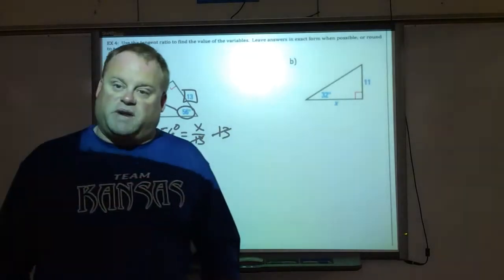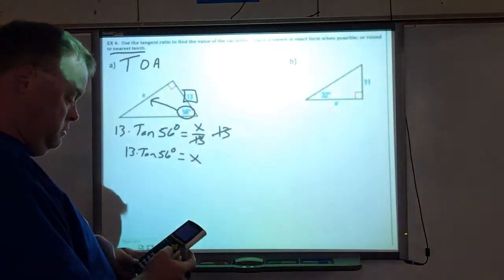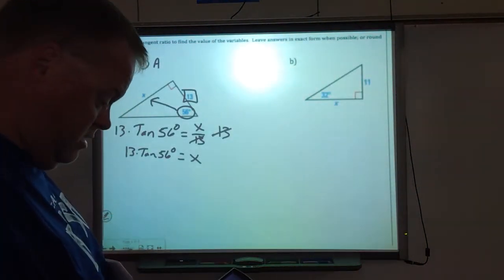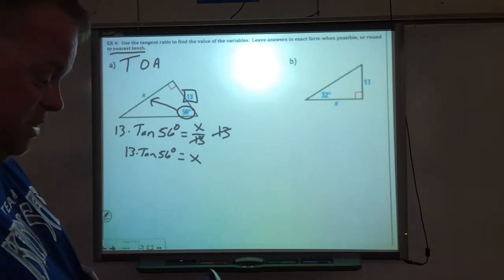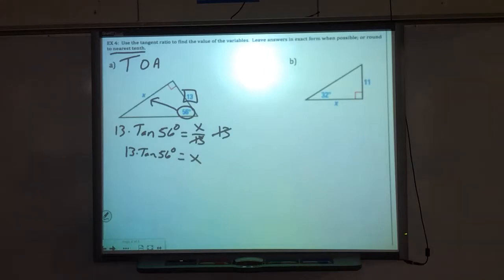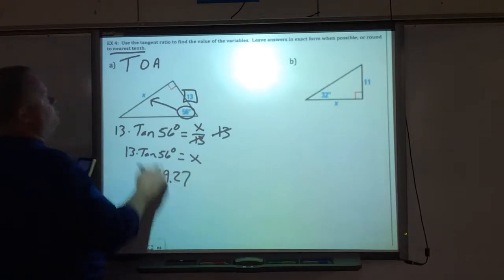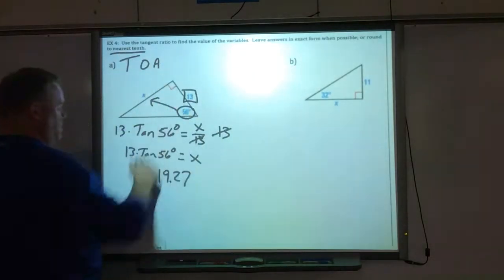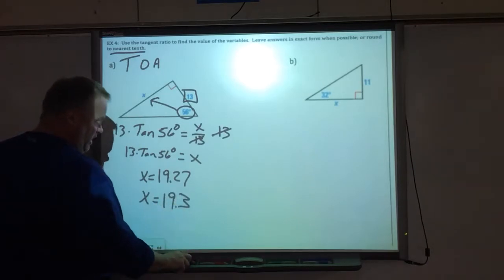Well, 13 times tangent 56 can go into a calculator. 13 tangent 56 gives me 19.27. So x is equal to 19.27. It said round to the nearest tenth, so I'm going to say x is equal to 19.3.